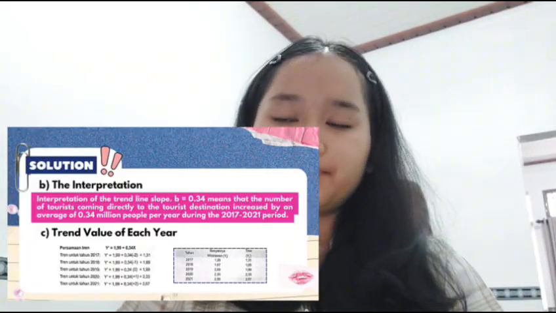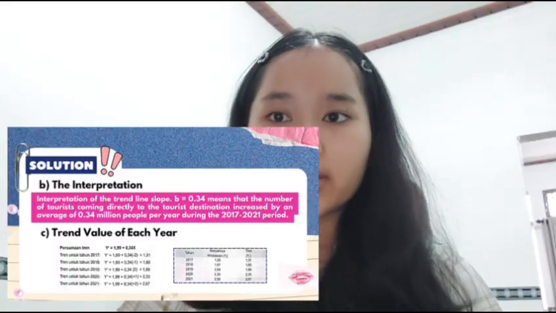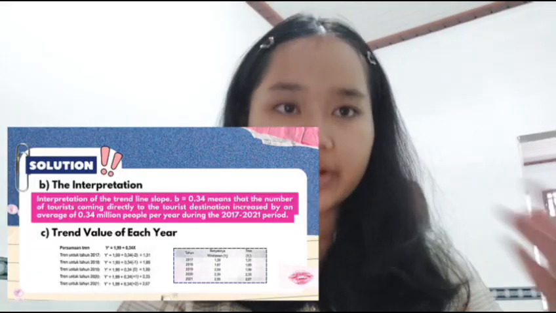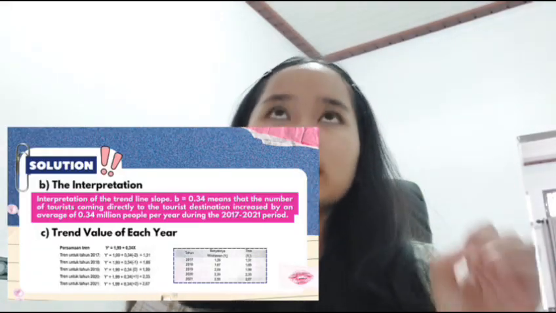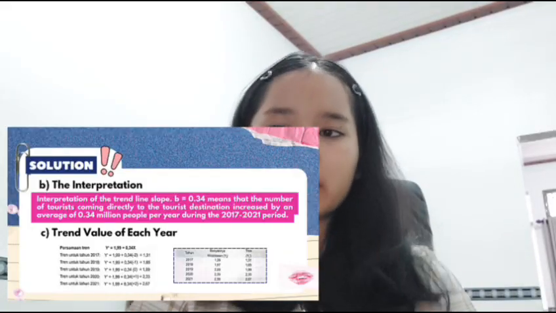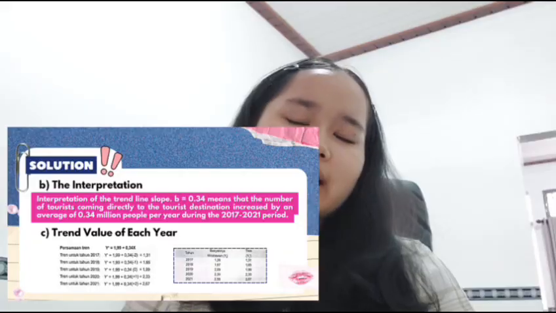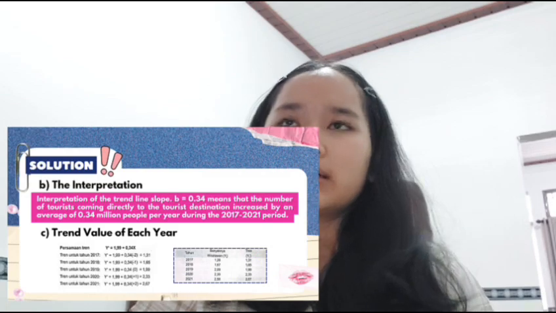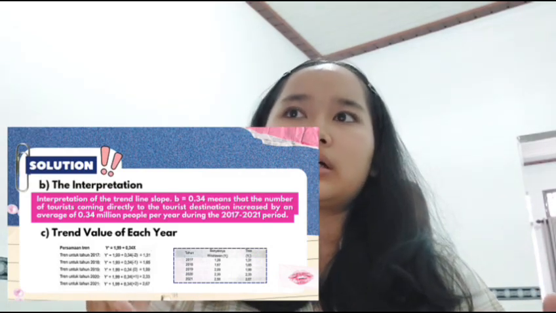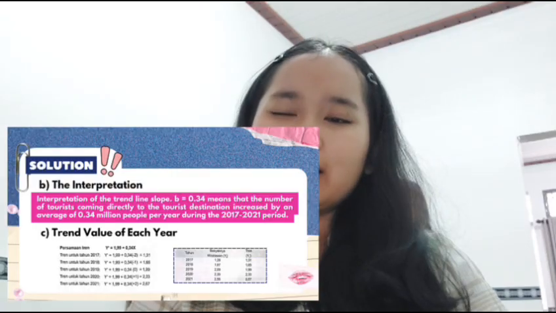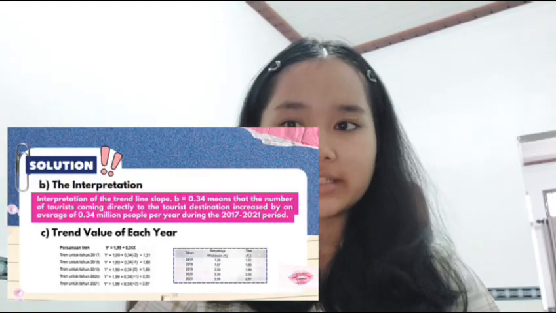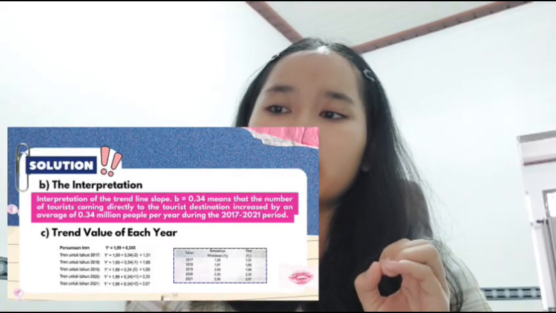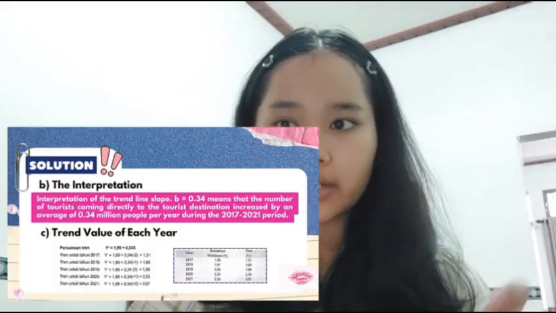B equals 0.34 means that the number of tourists coming directly to the tourist destination increased by an average of 0.34 million people per year during the period 2017 until 2021. It means the range or difference in the increase of tourist destination visitors is seen from a total of 0.34 million people per year.